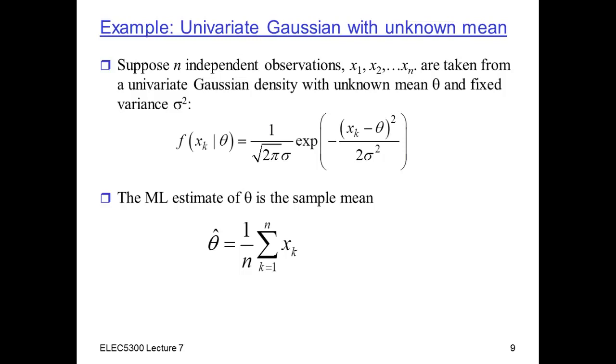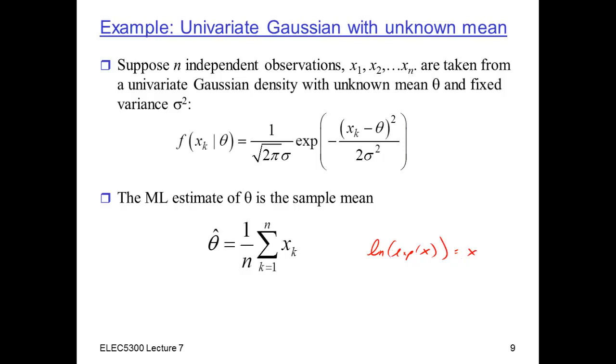So our density is this Gaussian density that contains an exponential, and that should give you a hint that maybe taking the log wouldn't be that bad, because when we take the log of the exponential, they cancel each other out. So if we have log of the exponential of x, then we just get x.